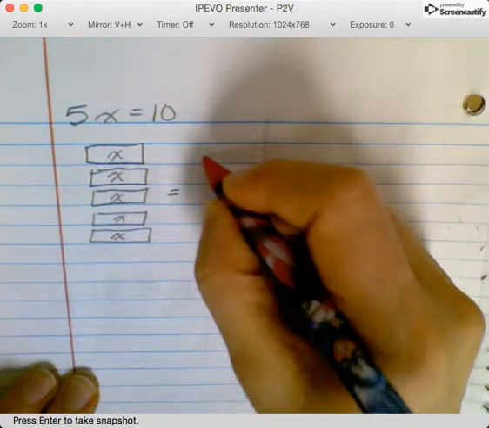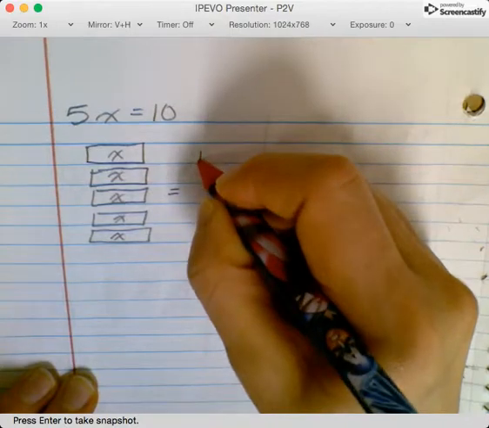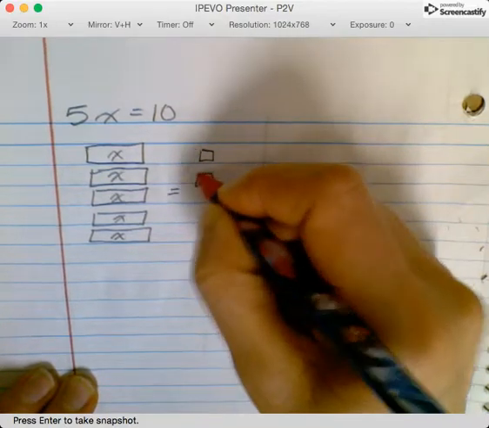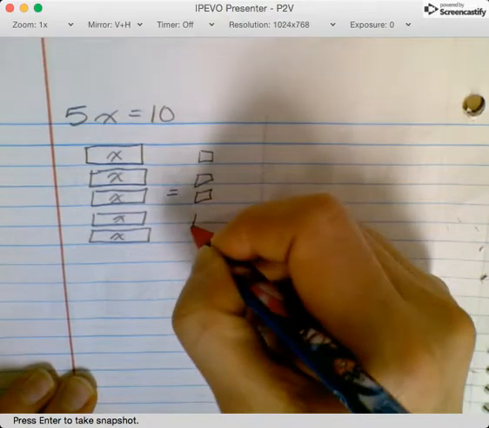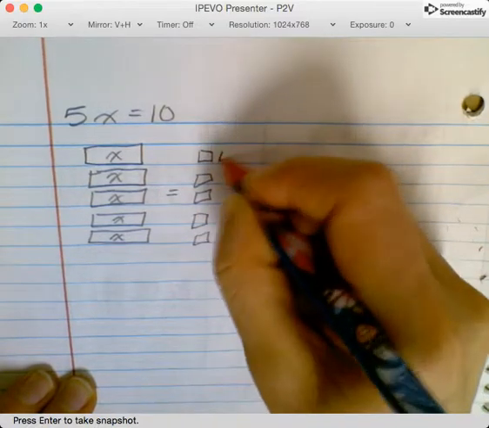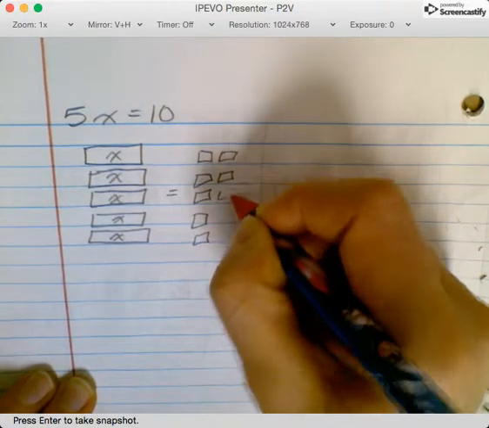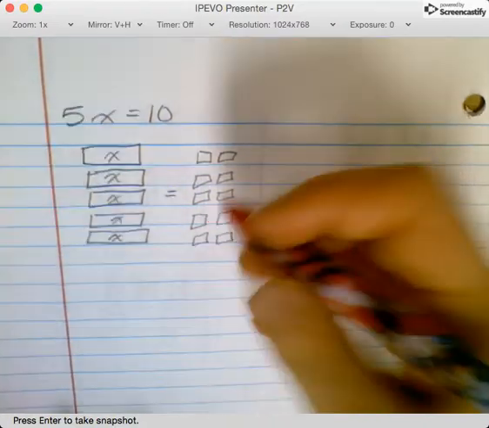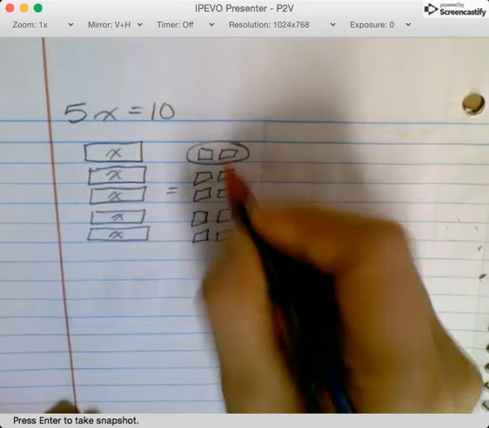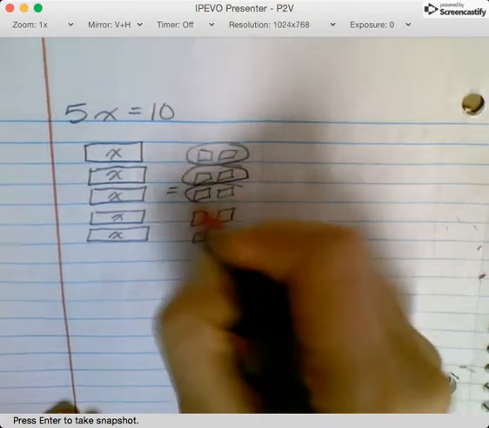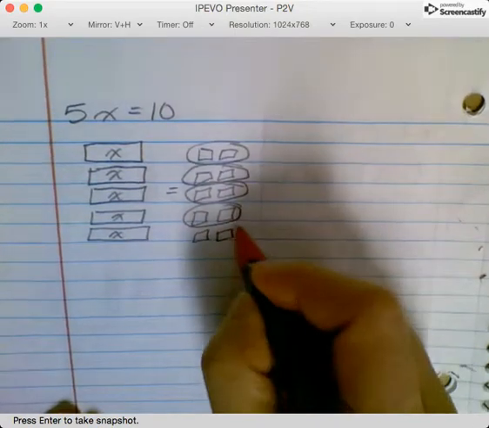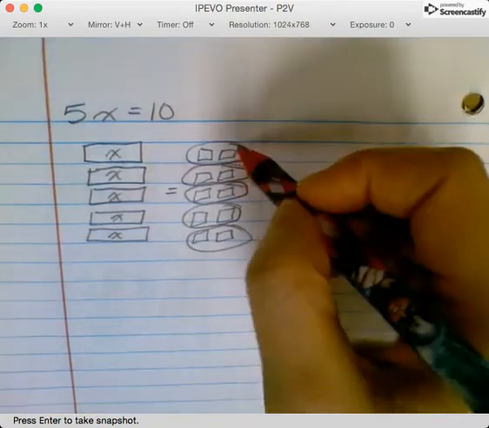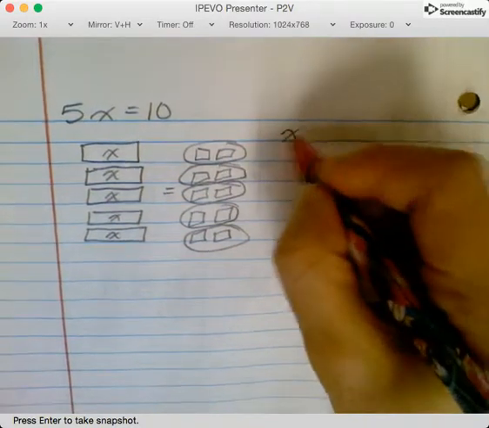Equals, and then the blocks, and then I'll do my circles to show that they're in groups. Okay, so each group is 2. That means my x would equal 2.